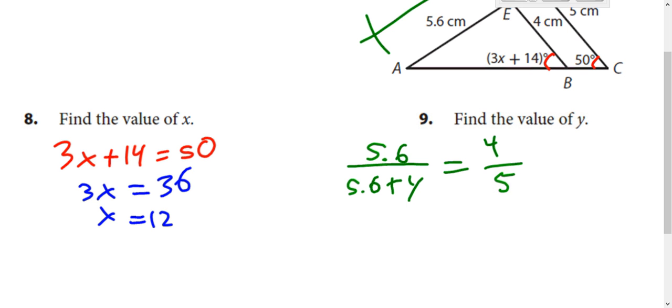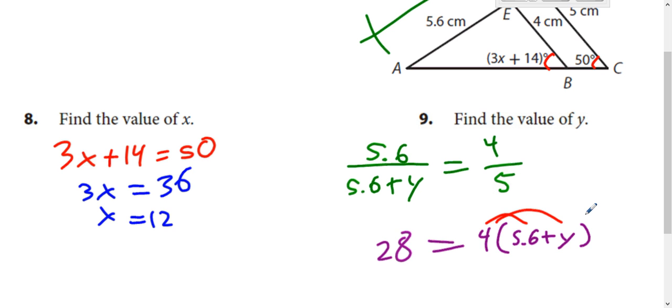So 5 times 5.6 is 28 equals 4 times 5.6 plus y. You have to distribute that. Four times 5.6 is 22.4.